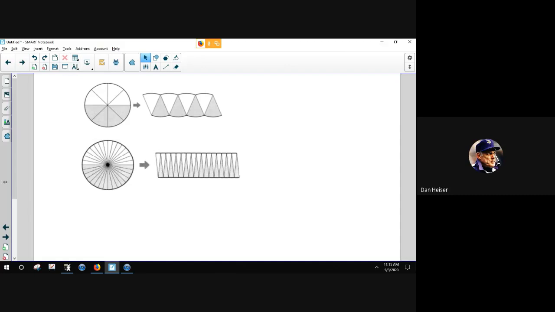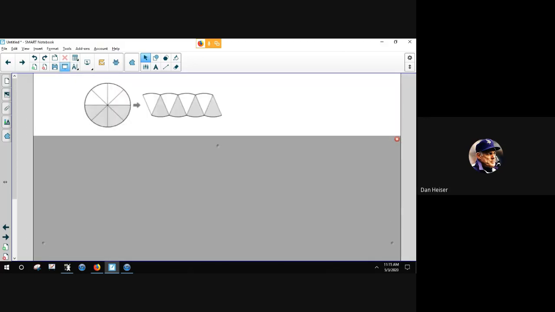Here's the next part, and that's the area of a circle. So let's just focus on this top one for a moment. If we take a circle and split it into 8 pieces, shade half of them, and then rearrange those pieces, we get this shape right here. It kind of looks like a parallelogram.